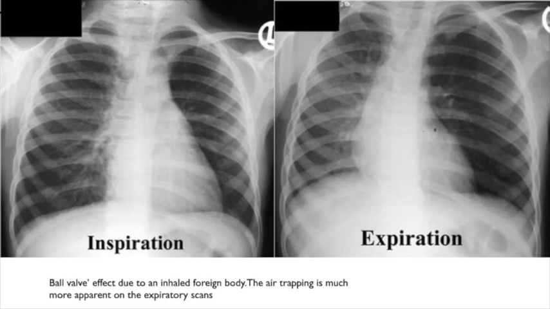Because when these groundnuts are stuck in the right main bronchus, they produce a ball valve, which means the air comes in but cannot come out. So that lung appears hyperinflated, and in the majority of cases it will also look like a pneumonia, because the secretions cannot go out and they produce some kind of infection in the right lung. So you always have to pay attention to that.